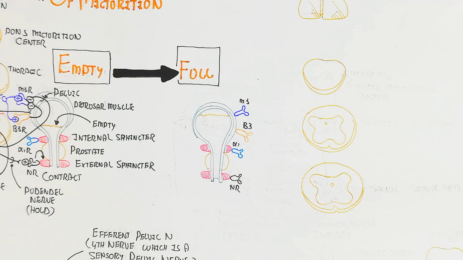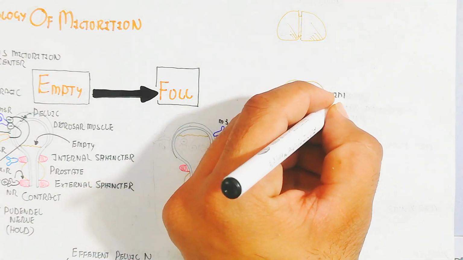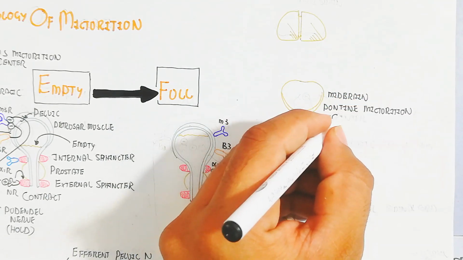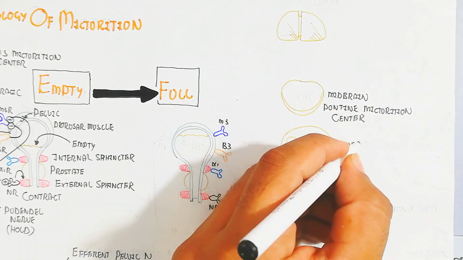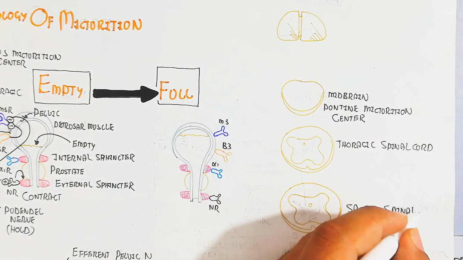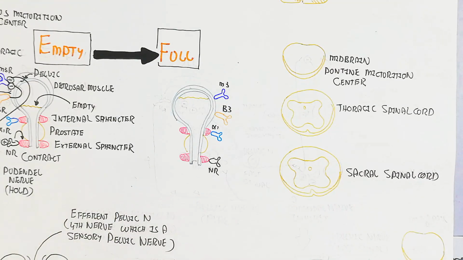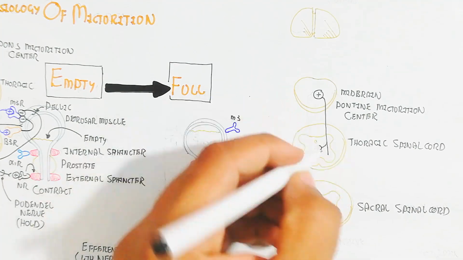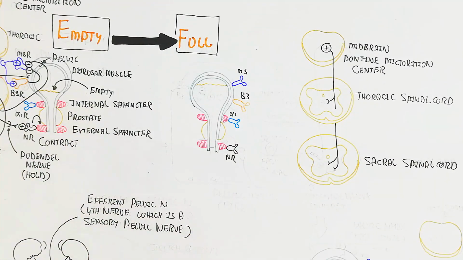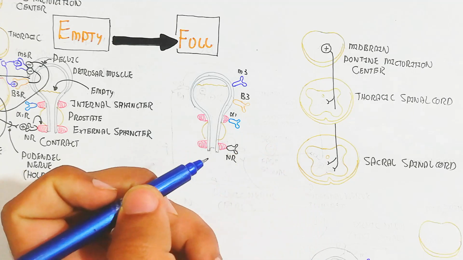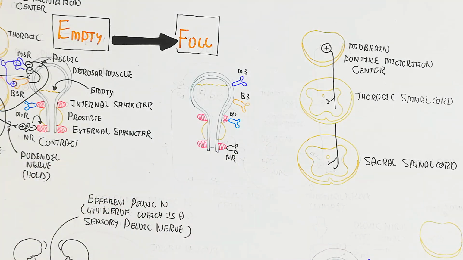Let's understand what happens when the bladder is full of urine. Our own will can inhibit voiding. Here is the midbrain, the pontine micturition center, the higher brain cortex, the thoracic region of the spinal cord, and the sacral region of the spinal cord. The pontine micturition center will give the signal toward the thoracic and sacral regions of the spinal cord, and in this way inhibit the hypogastric sympathetic nerves.